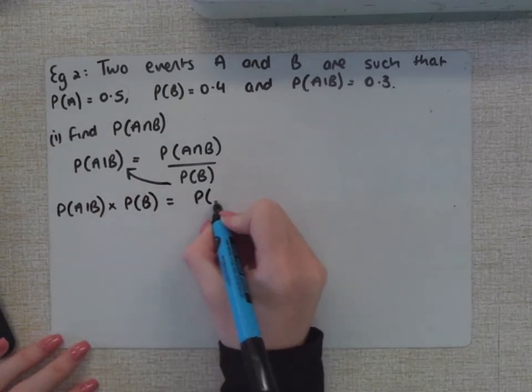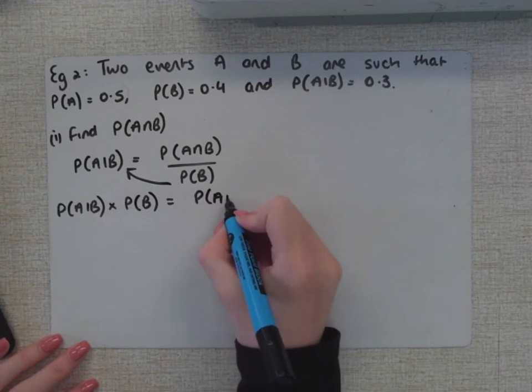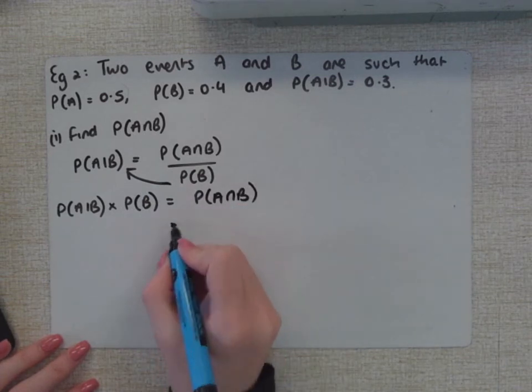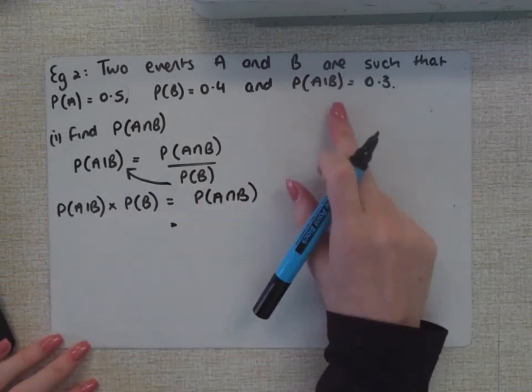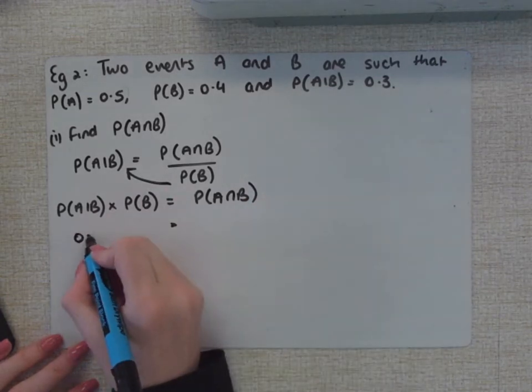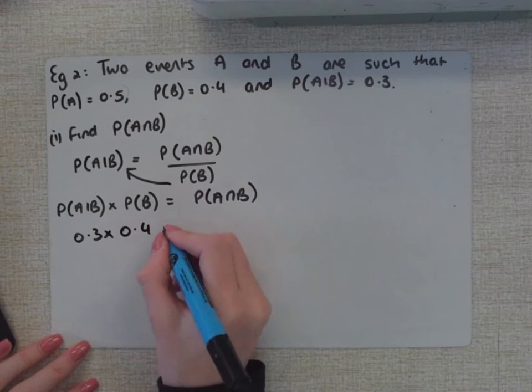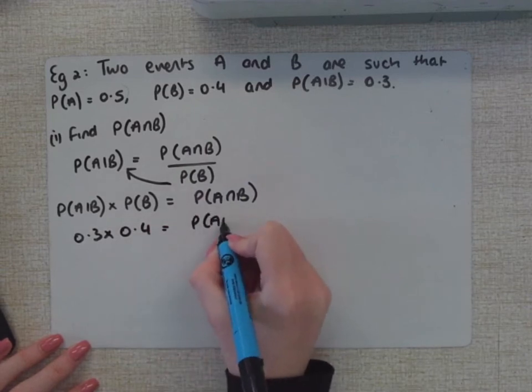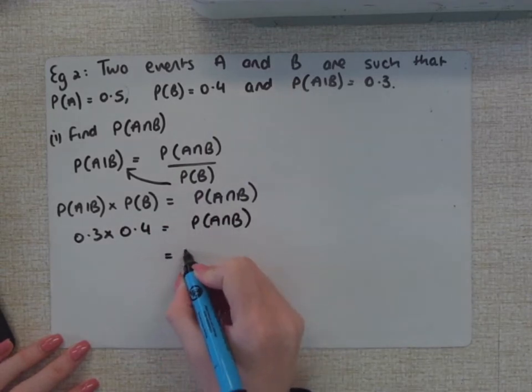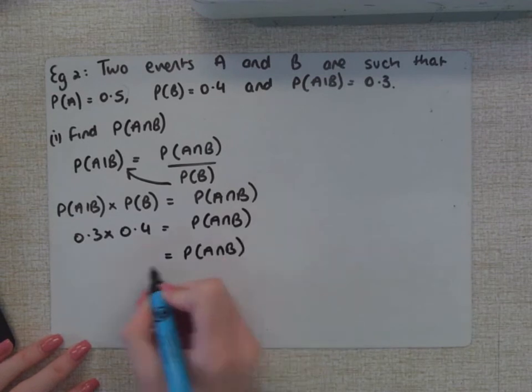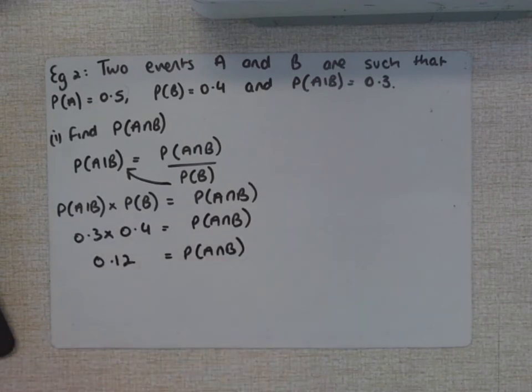So that probability of B comes up and gets multiplied. And now I have these answers up here. So A given B is 0.3, and the probability of B is 0.4. So I know the intersection is 0.12.